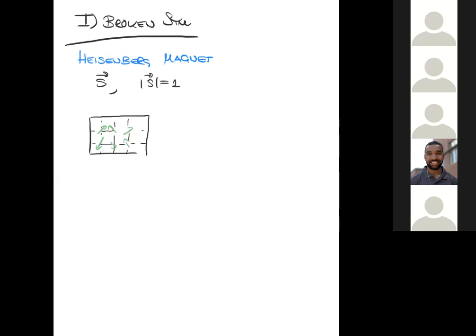This would be a non-magnetized state, and a magnetized state would look like the same system, here's my lattice, and now my spins are all oriented in some direction.